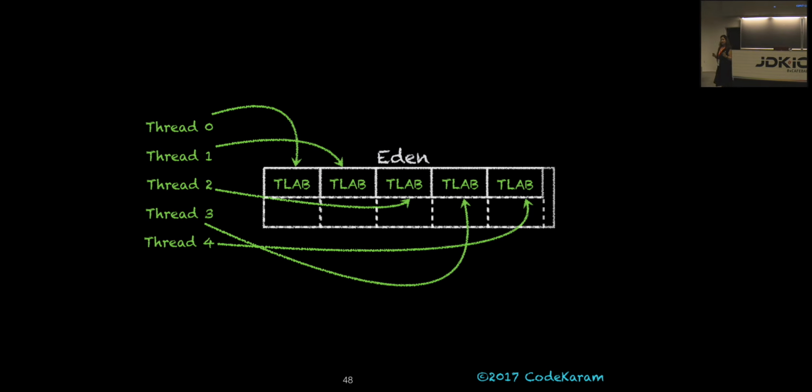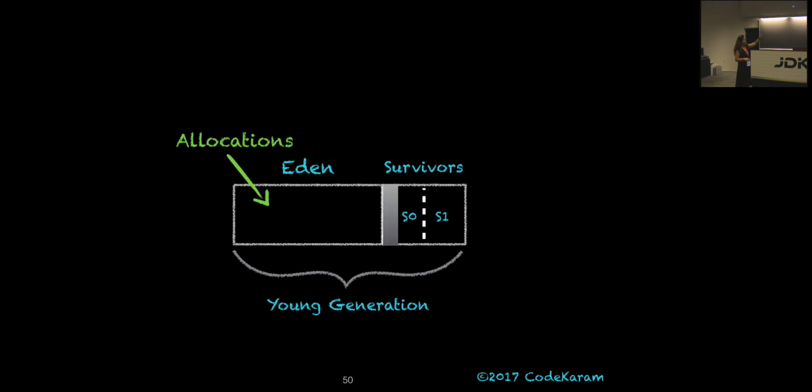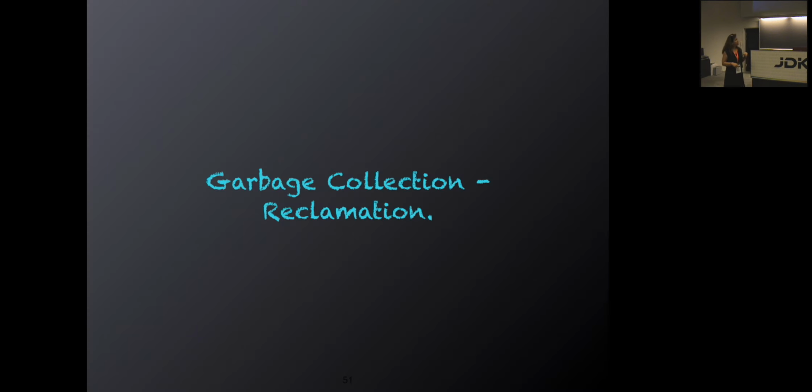So a particular thread could have a resized TLAB, which would be bigger than the other thread that has a smaller TLAB, and it's based on the allocation pattern after every GC. Okay. So once the Eden gets full, you'll see that objects are moved to one of the survivor spaces.